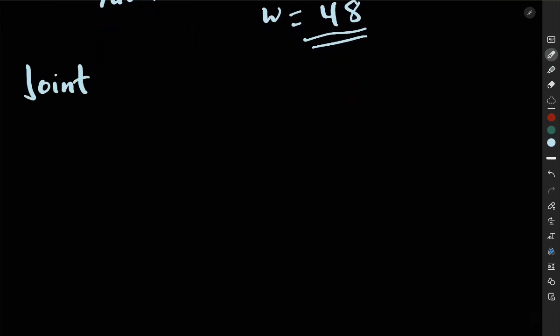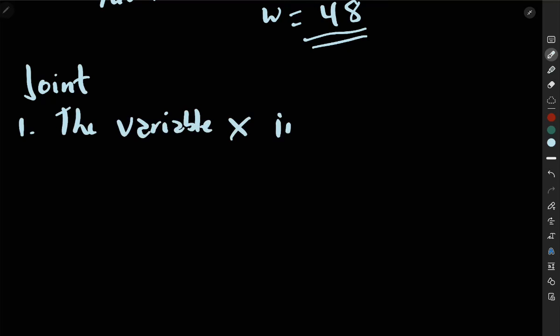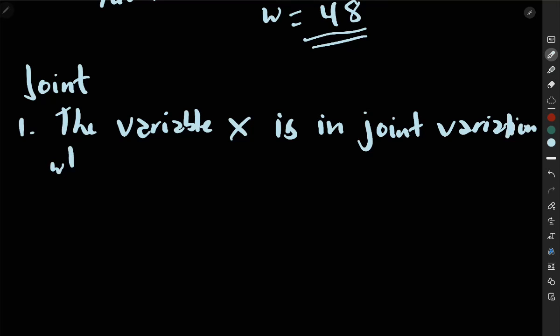So for example, the variable x is in joint variation with y and z.